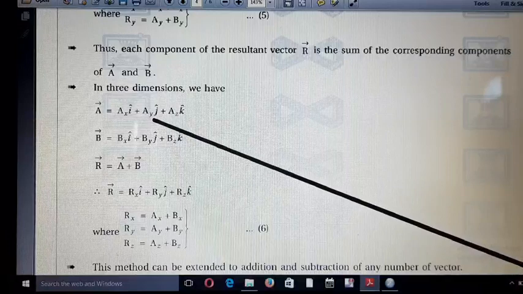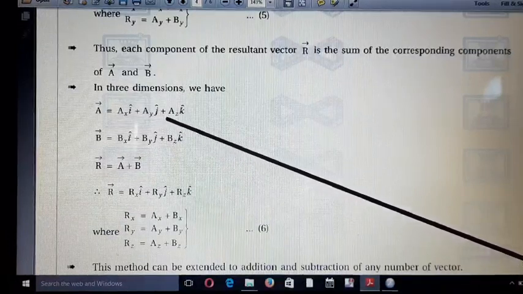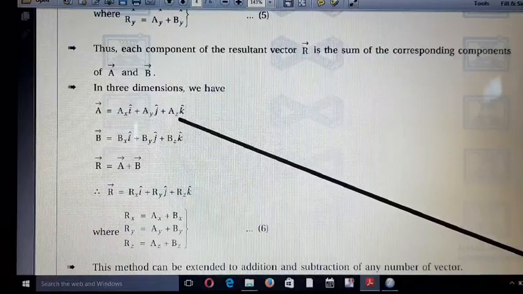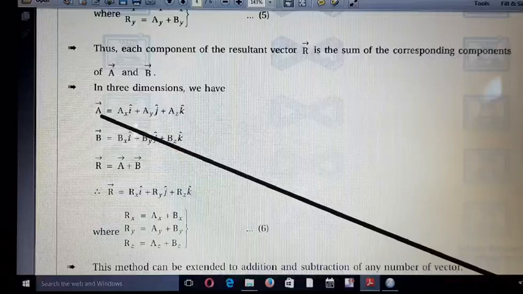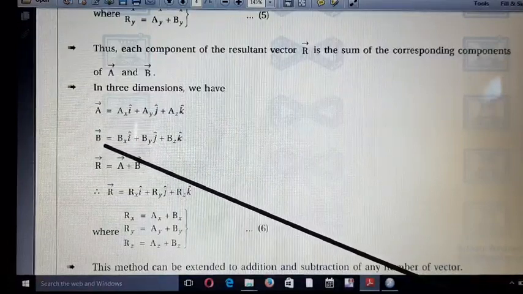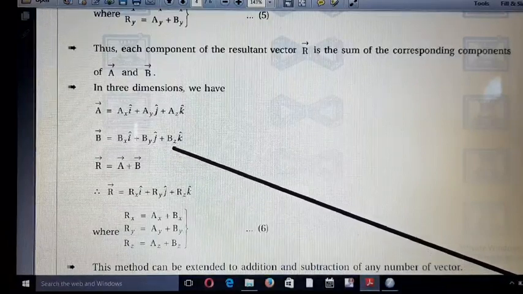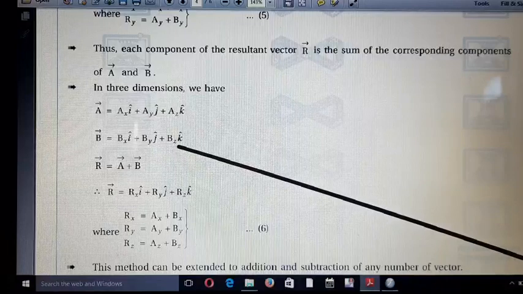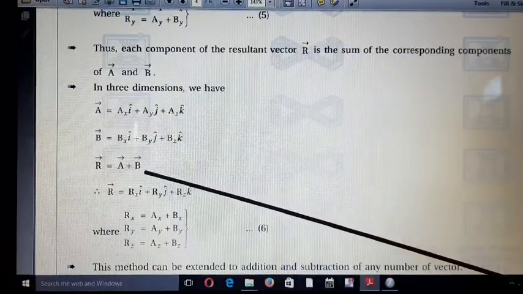In the same way for vector b, we can write b = bx i caret plus by j caret plus bz k caret.